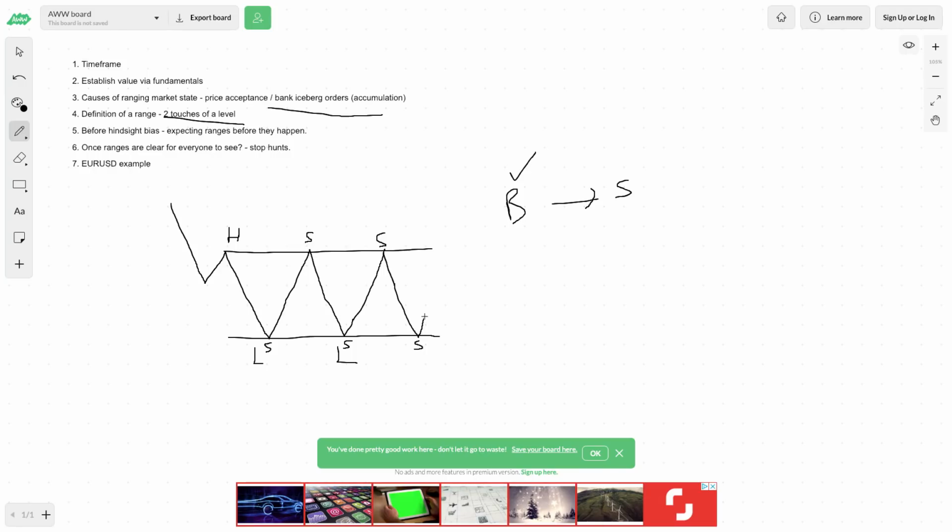So what they would do is trigger your stop losses, stopping you out, right? Transfer of wealth goes from the seller to the buyer, yeah? And then they will move prices in the direction that they want.